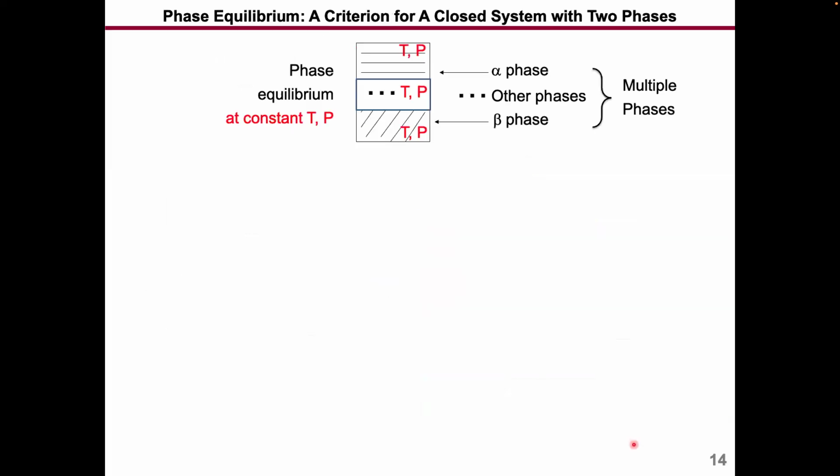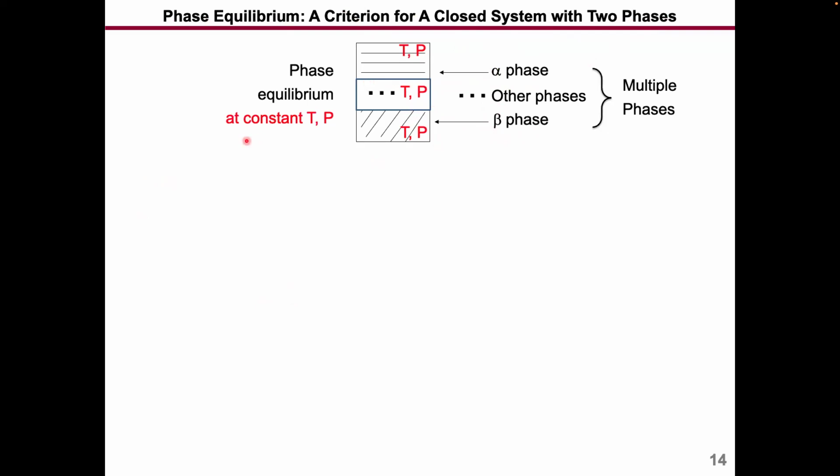So then we can actually talk about the phase equilibrium of this mixture. Let's talk about the phase equilibrium of a closed system with two phases. One phase we can say is an alpha phase, and the other phase is a beta phase.